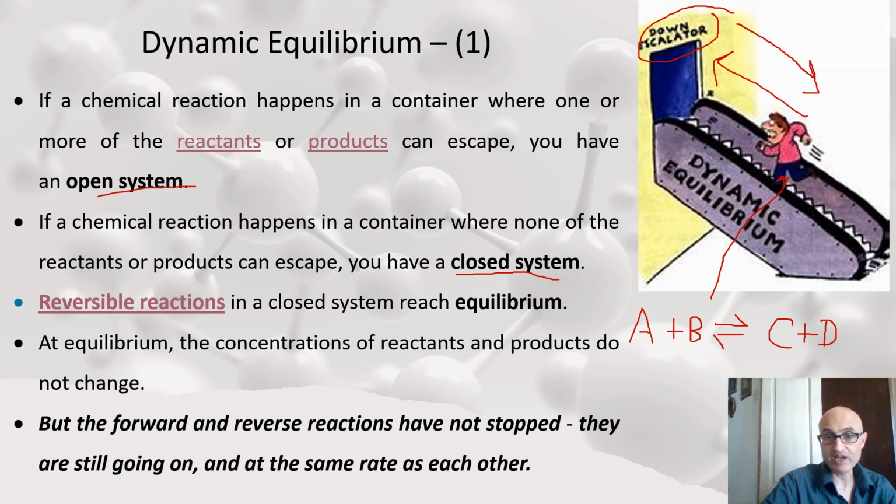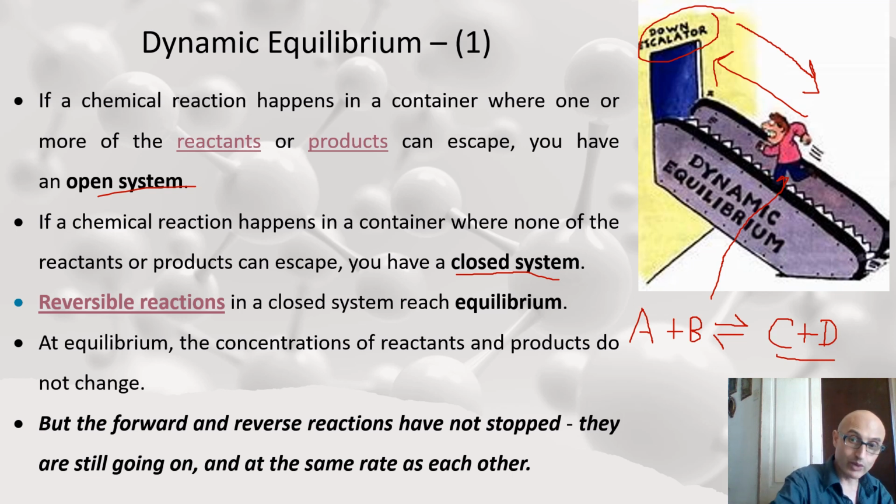Clearly, if A and B will form C and D, and C and D are present in a closed system, they have the opportunity of meeting up again and reforming A and B. But if it is an open system and it allows for escape of substances, escape of mass material, then the C and D are gone. They do not have the time or the chance to meet up again and reform A and B.